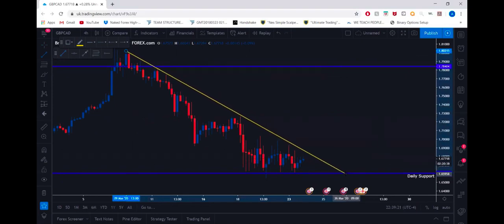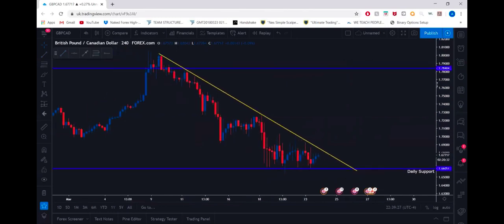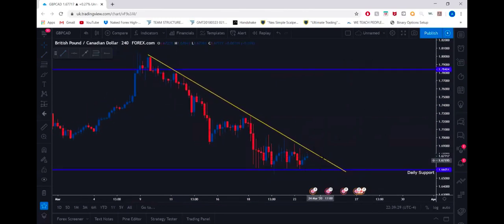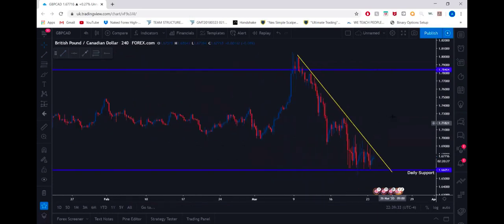So maybe we can do something like this. See if we get that breakout to the upside. If we actually get some bullish momentum and we can break out of this, retest it, and head back up, that would be amazing. It would be a really nice swing trade, let's say we enter here.